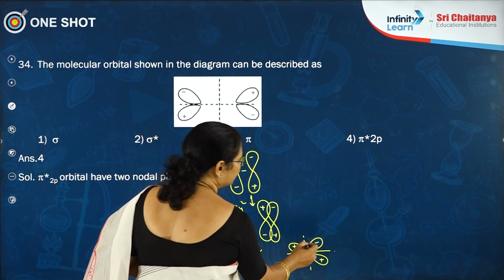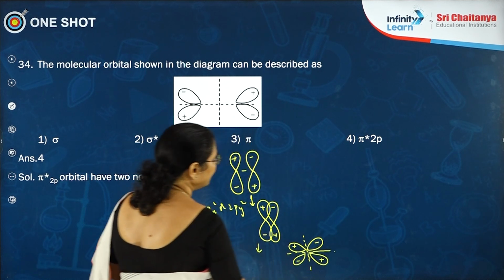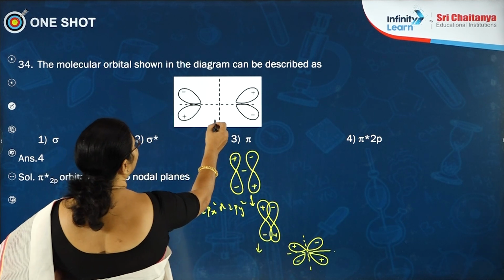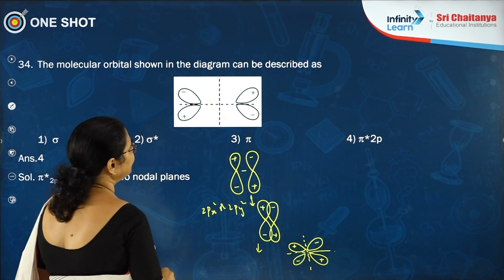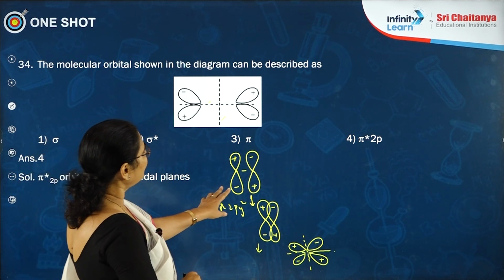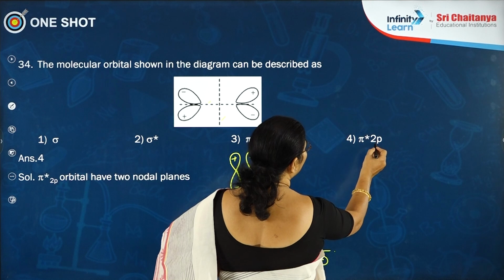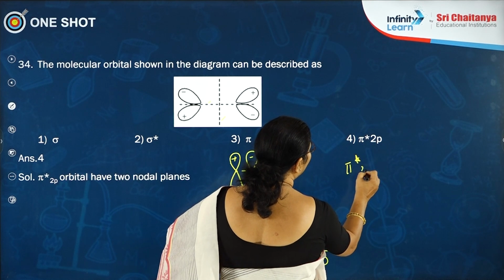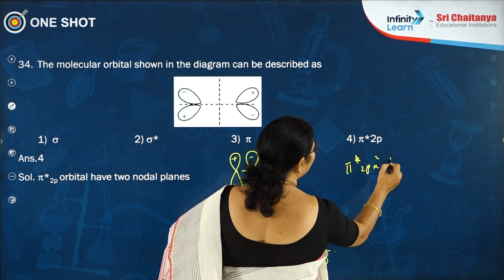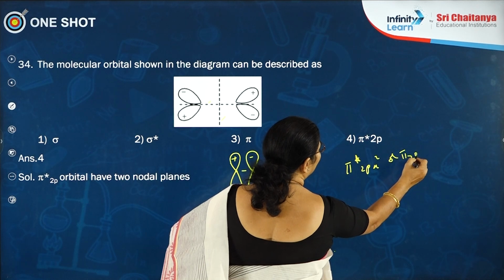See, this is a nodal plane. Two nodal planes are expected for this. The maximum number of nodal planes is expected for pi star 2px or pi star 2py.